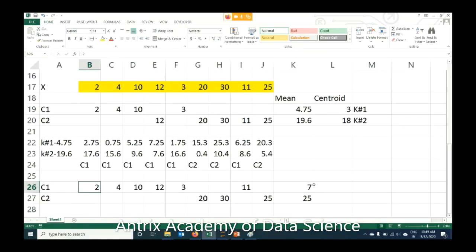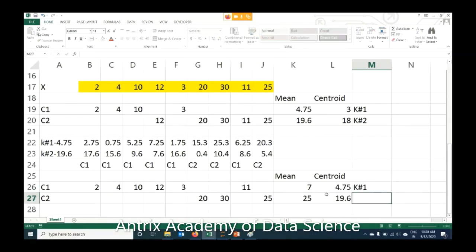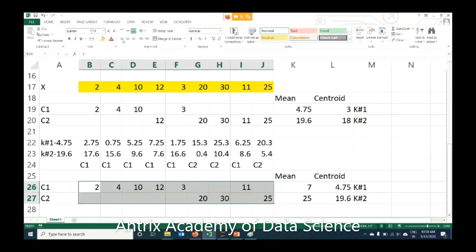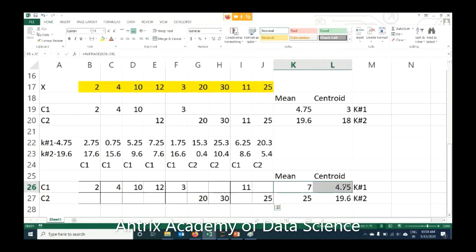We'll keep on repeating this until both the values, mean and centroids, are the same. So let it be my centroids were 4.75 versus 19.6. So this is my K1, this is my K2. So that's the centroid calculation. We'll be repeating it until we have both the values common.